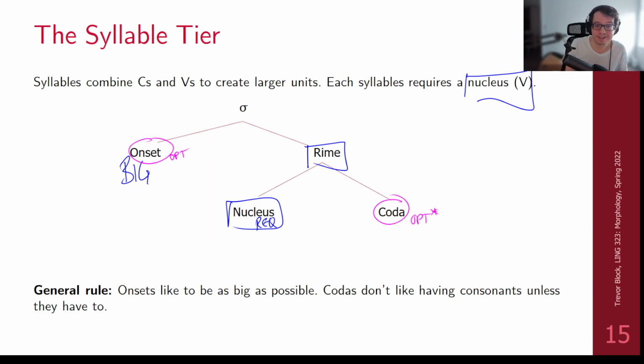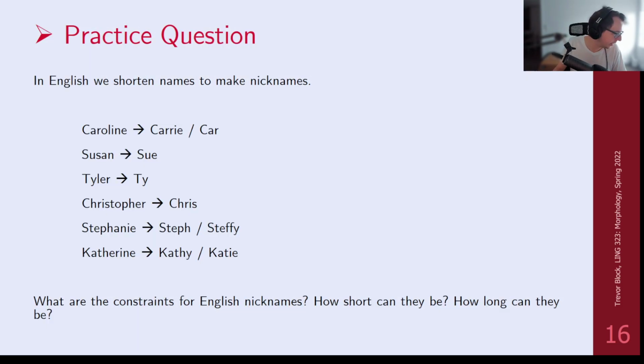Optional being that onsets like to have more things in them, and codas really don't want to have anything unless they have to. So if you have a word like, say, stream, you could take str, your consonants, as the onset. Nucleus always centers around the vowel, so E, and then our coda has to take M because there's no other place to put M. So this is the structure of a syllable.